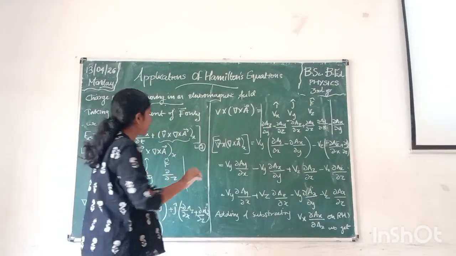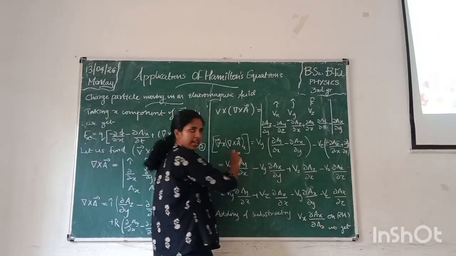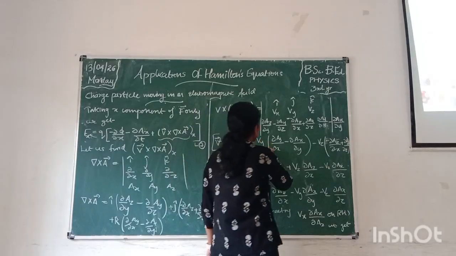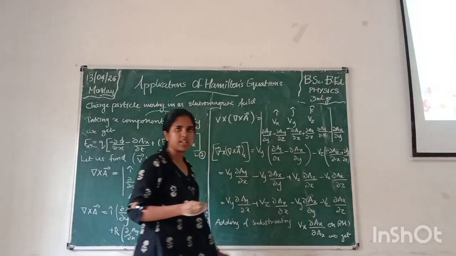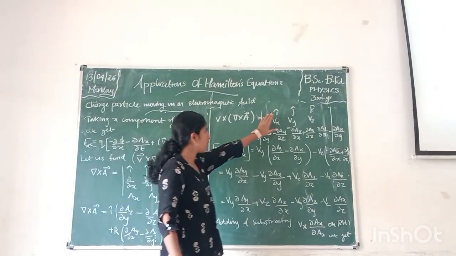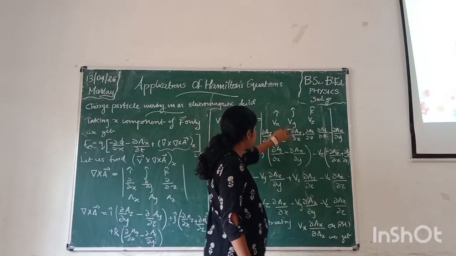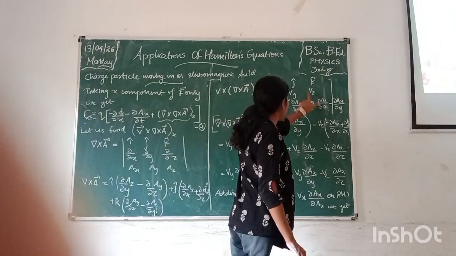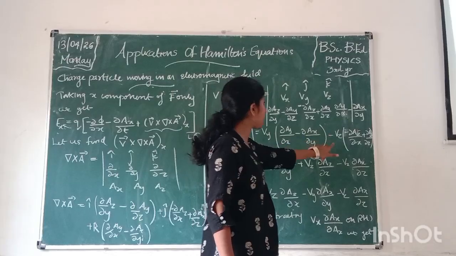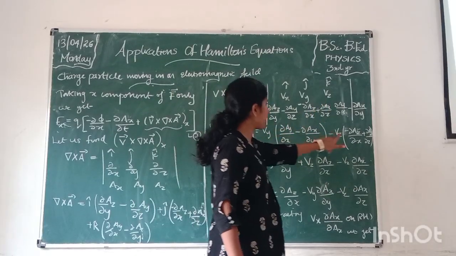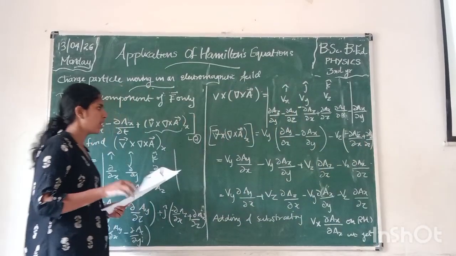Then we are doing b cross del cross a. This is the x component of b cross del cross a. So dy into, taking only the i part because this is the x component, dy into (∂a_y/∂x minus ∂a_x/∂y) minus dz into (minus ∂a_z/∂x plus ∂a_x/∂z).